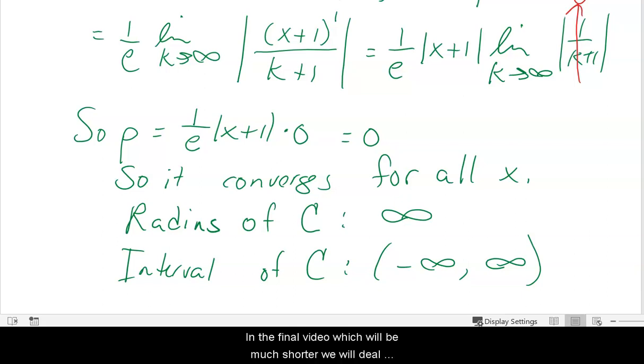In the final video, which will be much shorter, we will deal with the remainder for a Taylor and Maclaurin polynomial and the remainder for a Taylor and Maclaurin series, and talk about how you can apply the remainder to find out how far off you are when you use a Taylor or Maclaurin polynomial to approximate the series.